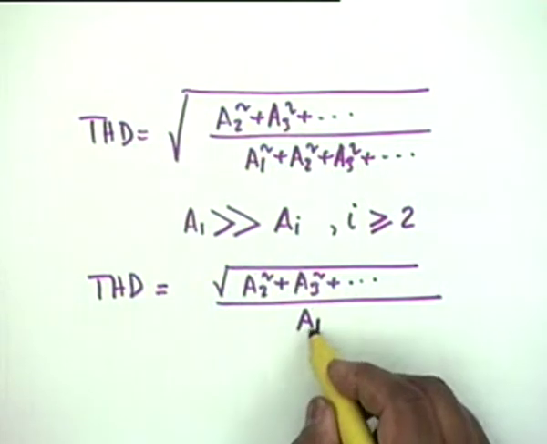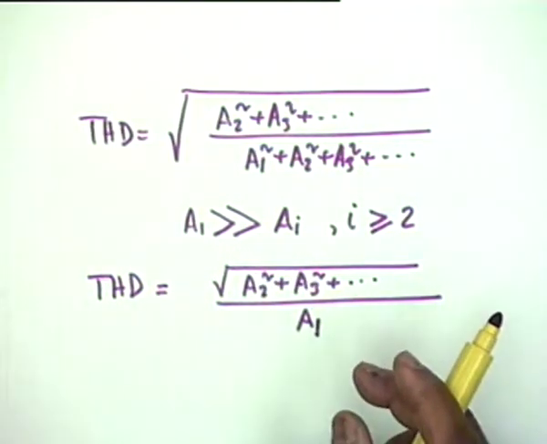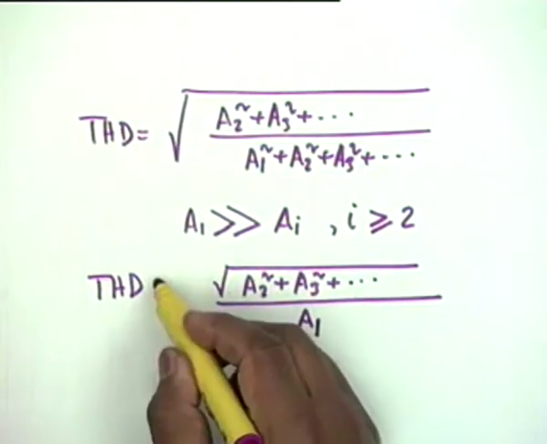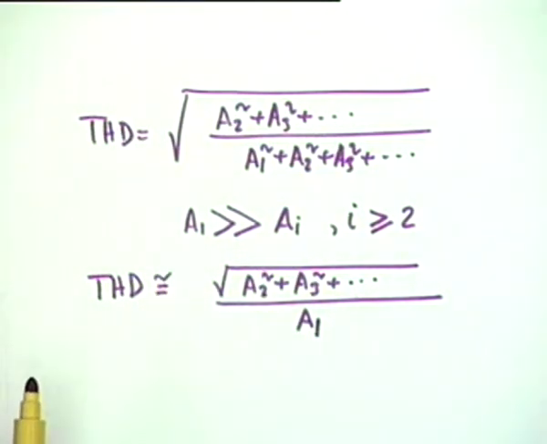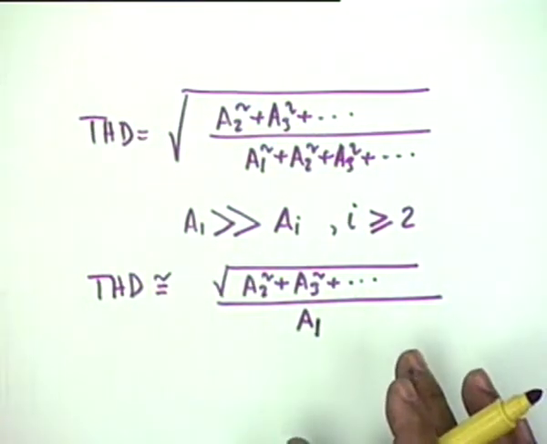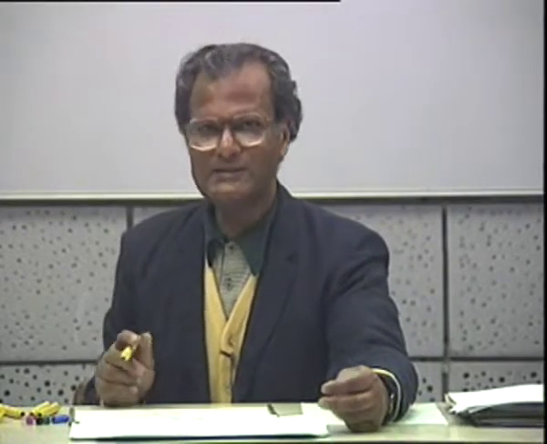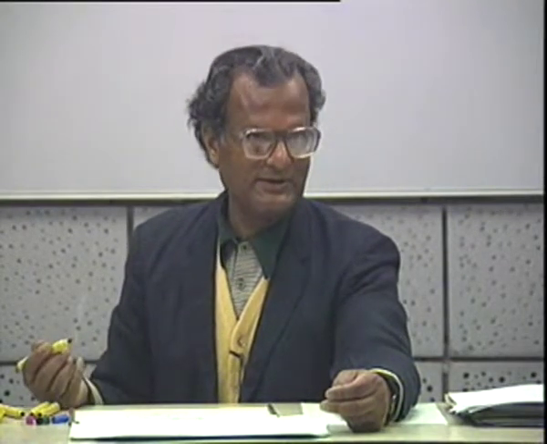That is the amplitude of the fundamental, amplitude or root mean squared value, whatever you want. This is an approximate measure, and this is what is used. People sometimes use a percentage measure, which means that you multiply this by 100.